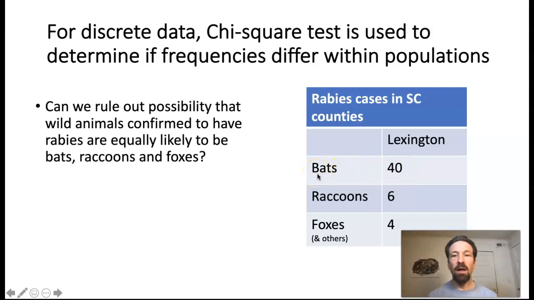To determine that, you will need to do calculations to determine the expected number of animals in each group that would be found with rabies if this variation were due only to chance alone.